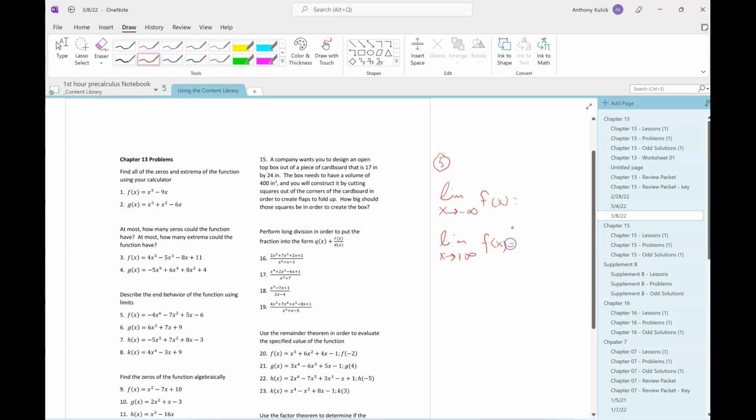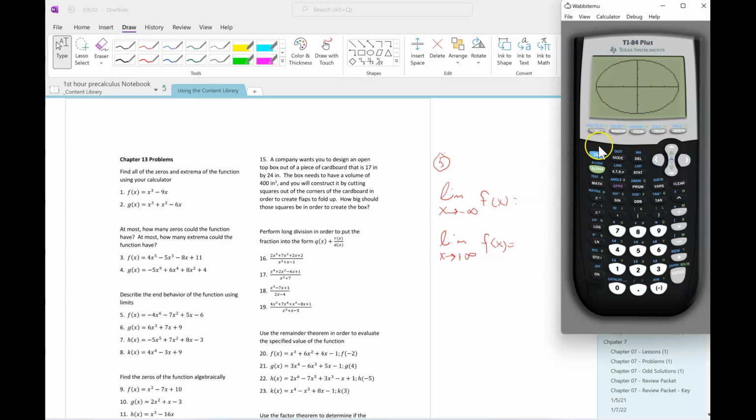So immediately I can write this part. It's always negative and positive. And all I need to do now is look at the graph and see if the arrow at the left end is pointing up or down, and if the arrow at the right end is pointing up or down.